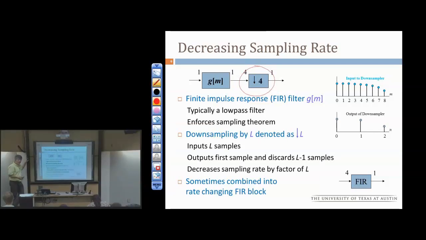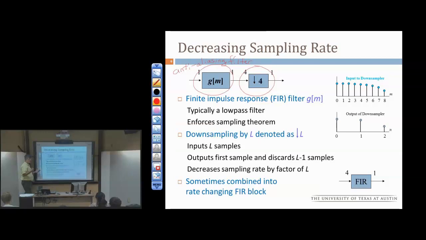So what kind of filter do I need before that? Anti-aliasing filter, that's right. So this is my anti-aliasing filter, and it has the same design spec as the FIR filter in the upsampling case.